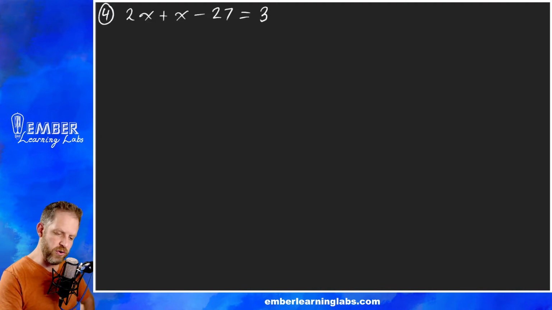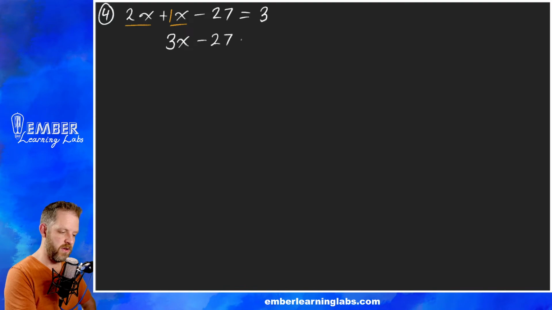So remember that half step in our list of steps is cleanup. And we can do a little bit of cleanup because we've got like terms right here and right here. And remember, if there's nothing in front of that x, it's a hidden 1, right? And so we've got 2x plus 1x. 2x plus 1x is 3x, right? Then we're going to bring down everything we haven't touched. So that was that half cleanup step. So now we just got a simple 2-step equation. We got something multiplied, something subtracted.